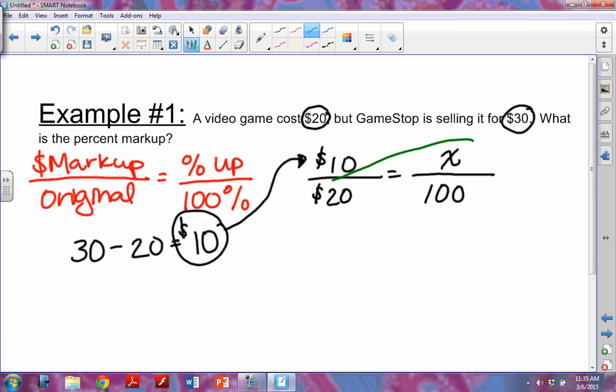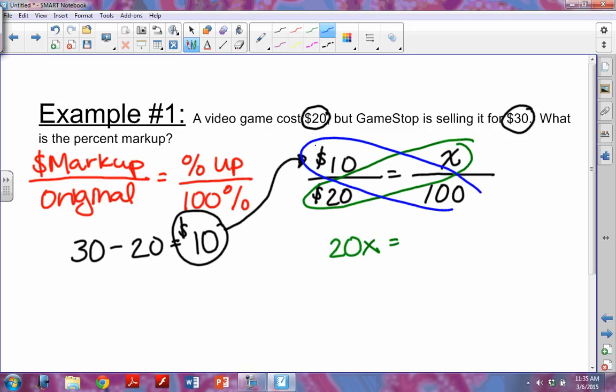We're going to cross multiply, so I've got 20 times X, which gives me 20X, is equal to 100 times 10, which is 1,000. I want to get the X by itself, so I'm going to divide by what number is with the X, which is 20. So 1,000 divided by 20 is 50.